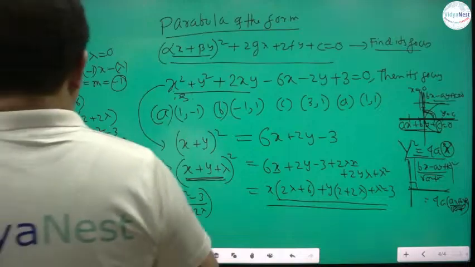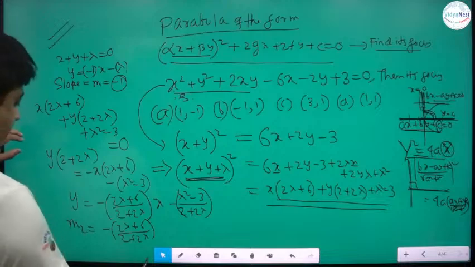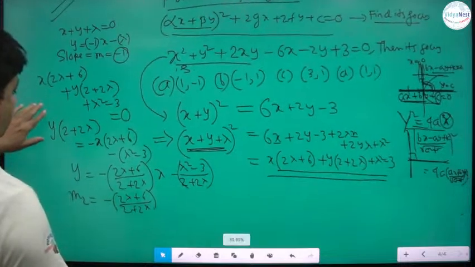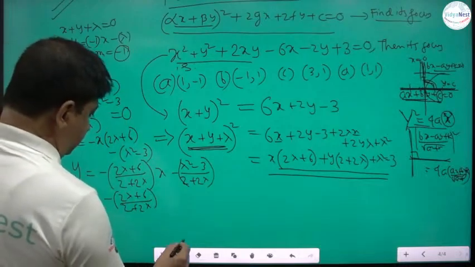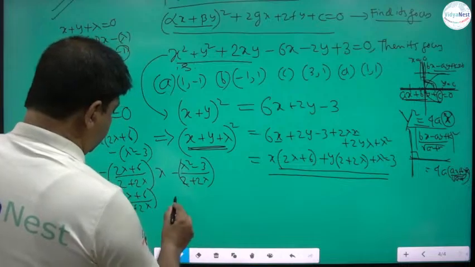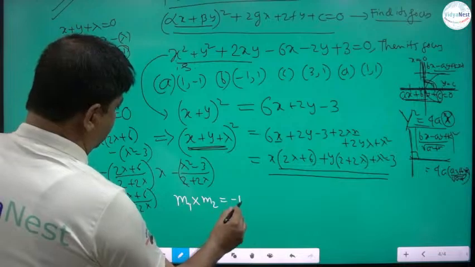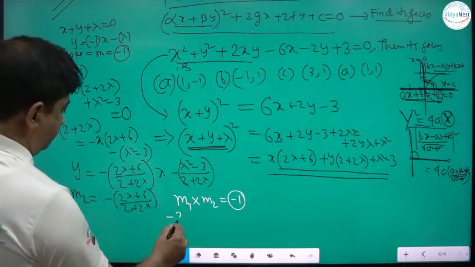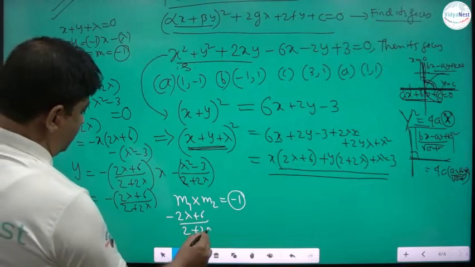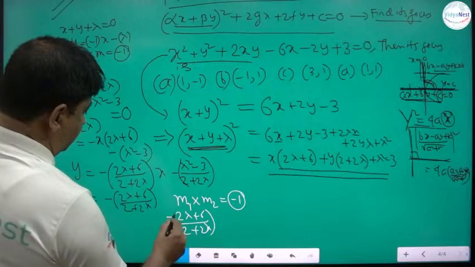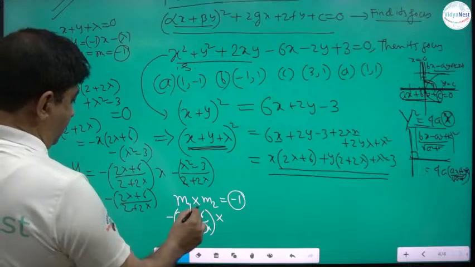Now, as these two lines are perpendicular, therefore of these two, m1 into m2 is minus 1. That means minus 2 lambda plus 6 by 2 plus 2 lambda is m2.